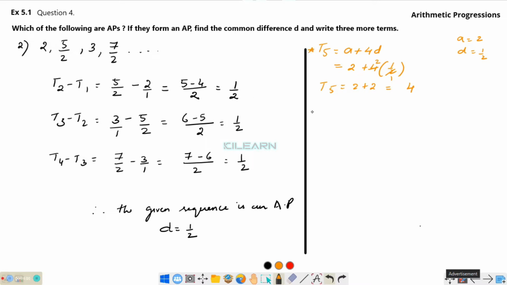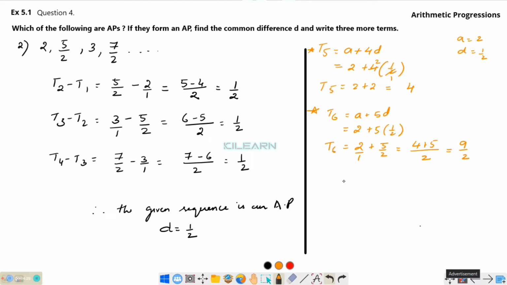Then we'll solve for T6, that is A plus 5D, 1 less than the nth value. So 2 plus 5 into 1 by 2, which gives us 2 plus 5 by 2, LCM again is 2, 2 twos are 4 plus 5, that is 9 by 2.